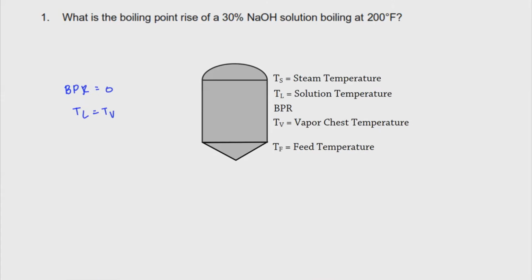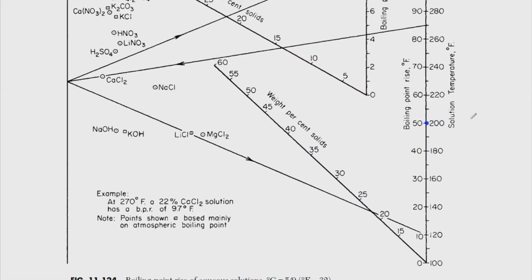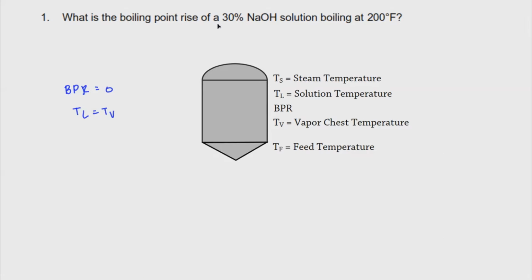It says that it is boiling at 200 degrees Fahrenheit, and you would be taking this 30% sodium hydroxide. Now that we have marked 200 degrees Fahrenheit as the solution temperature, let's check our concentration of sodium hydroxide, and that is 30%. So you go back to this figure.